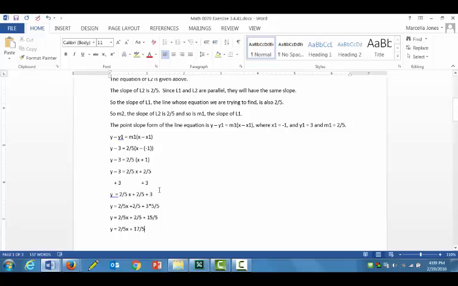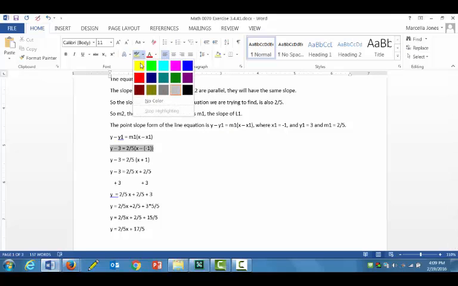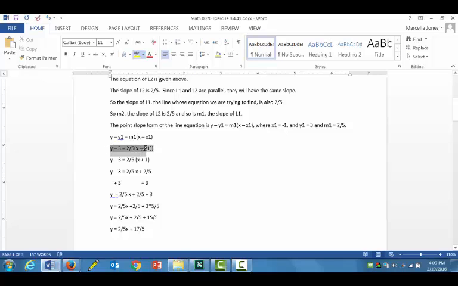Now I want to point out that there really are three things you could have put in for the answer based on what the problem's instructions said. You could have put in this: y minus 3 equals 2/5 times the difference, x minus -1.